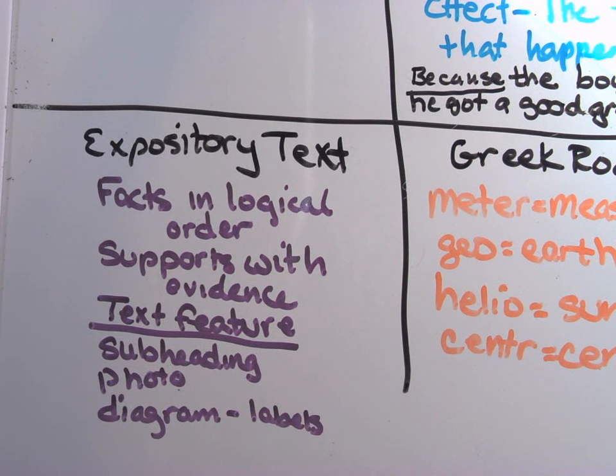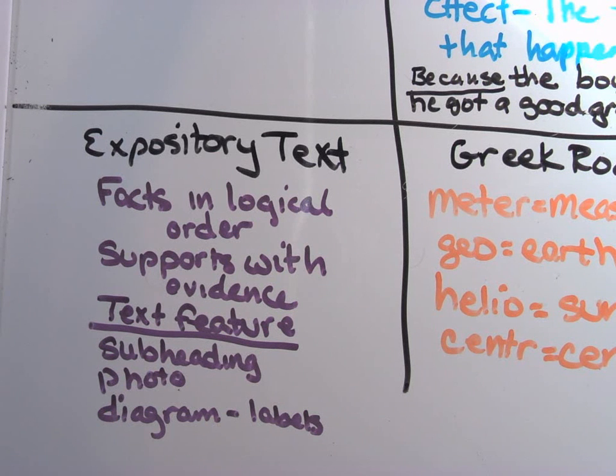I'm not going to talk about the end of what happened before I talk about the beginning. If you're talking about something that developed, you want to talk about what happens first, what happens next, what happens after that. We support it with text evidence, or with evidence in the text.